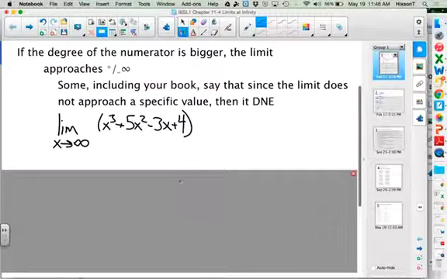Way back in chapter 2? Here we have an odd degree, and our leading coefficient is positive, right? So what does that mean? Positive infinity. It's going to start down, do something in the middle, and then continue up forever. So by our leading coefficient test, the limit as x approaches infinity of this will be positive infinity.